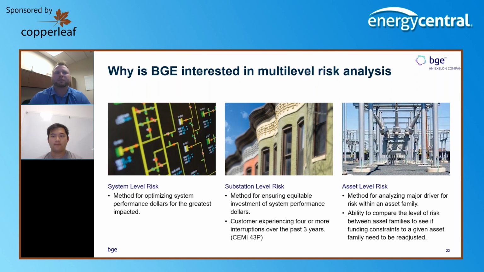One is just overall system level risk, right? This is looking across all your assets, understanding the age, the consequence of failure, what your investment plan looks like, and if you follow this investment plan, you're going to be able to mitigate a certain amount of risk, and you're going to be left with this level of risk across your entire system.